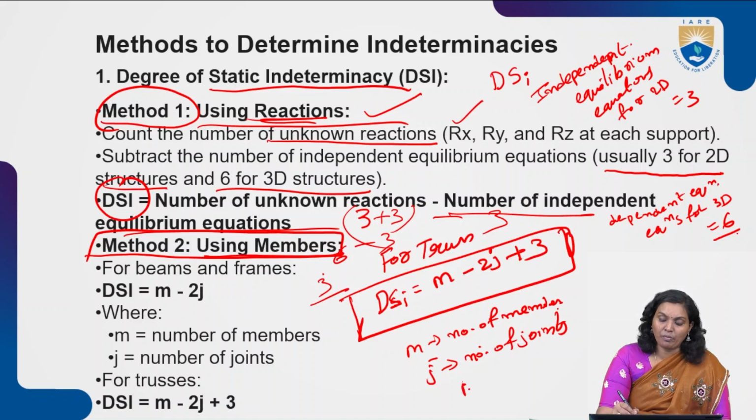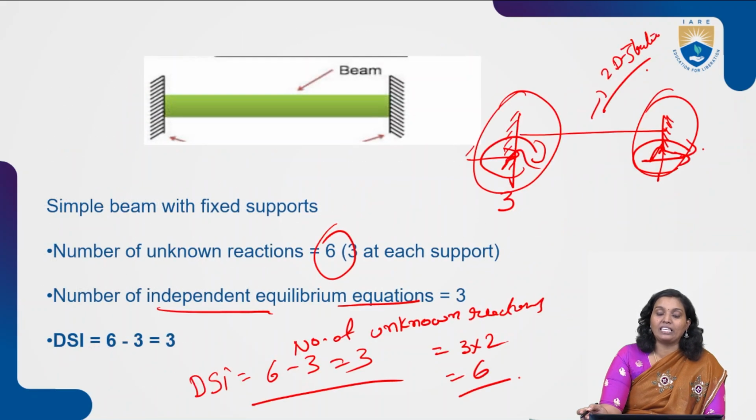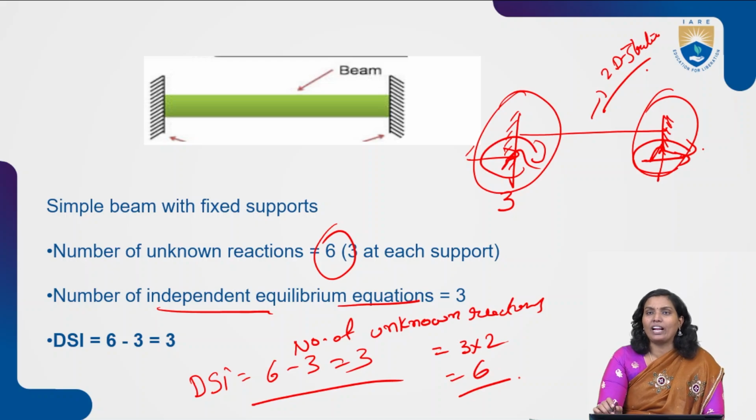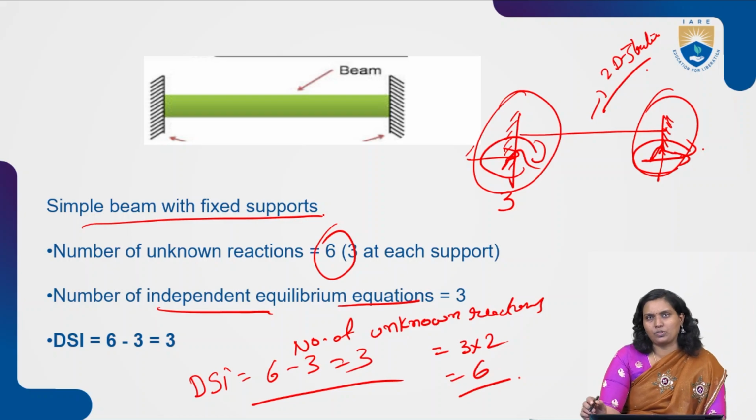For beams we may also use m minus 2j; it depends upon the number of members and number of joints, and according to that we identify the formula. Here only one member is there, so we simply understand it like this. It is a simple fixed beam with supports.